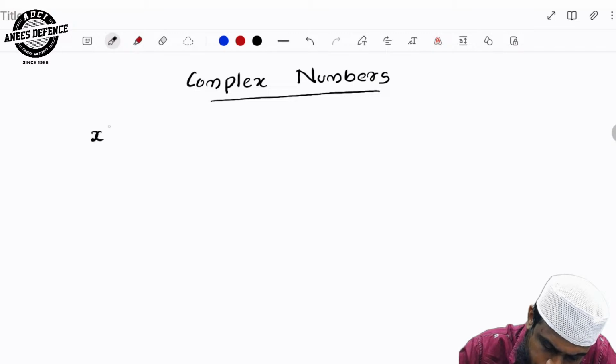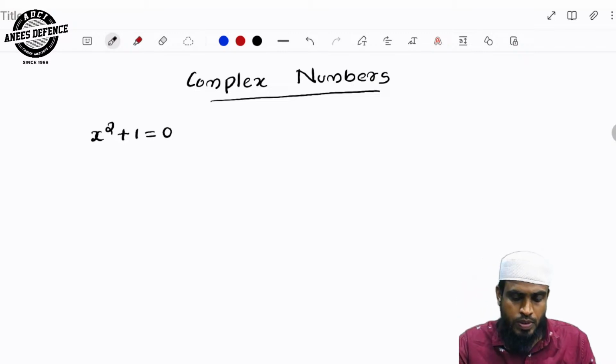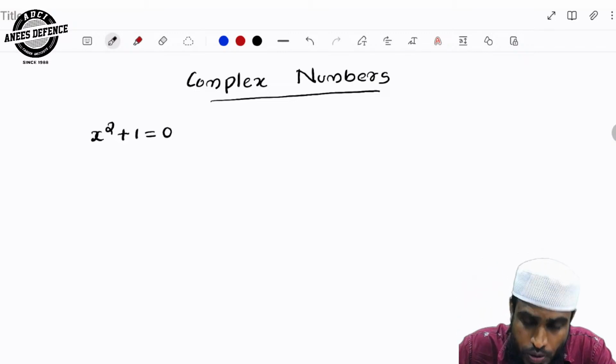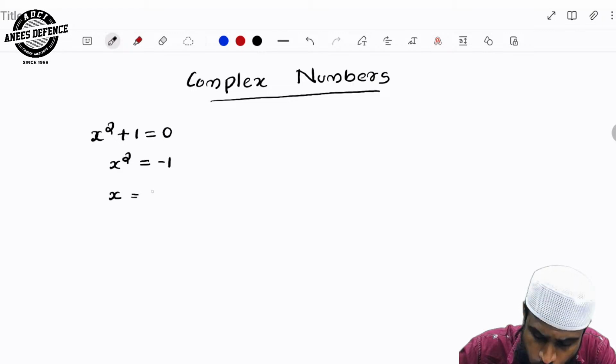Here you can see x square plus 1 equal to 0. So x square plus 1 equal to 0 can be written as x square equal to minus 1. So x can be written as x is equal to root of minus 1.